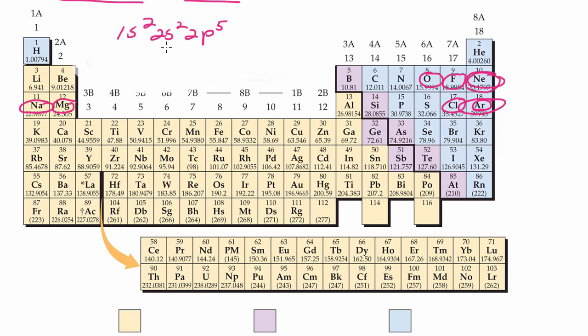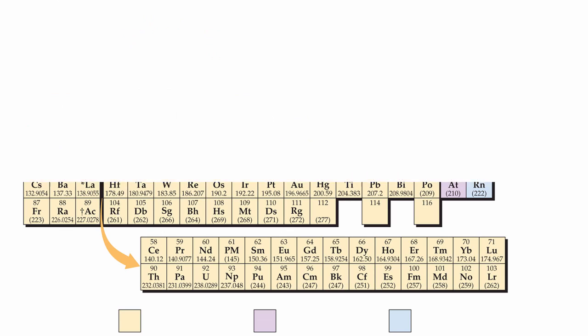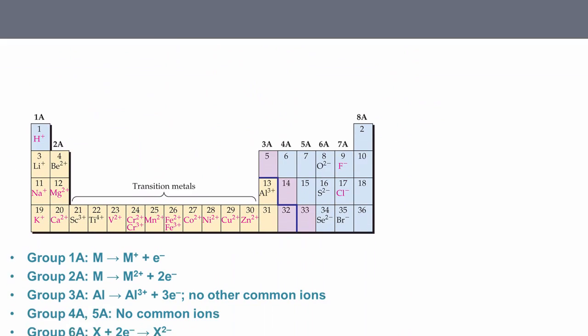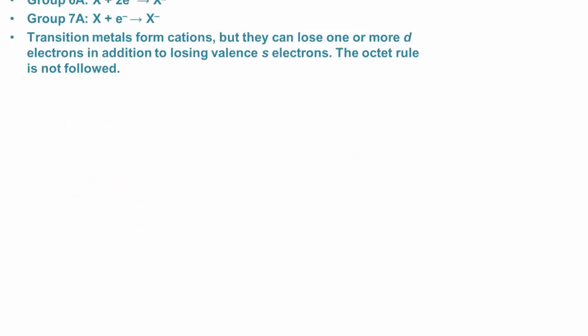Fluorine will gain 1 electron and it becomes the fluoride ion, and its electron configuration is 1s2, 2s2, 2p6. That's the same electron configuration as neon. Practice those. So I would expect that you can write electron configurations for ions.